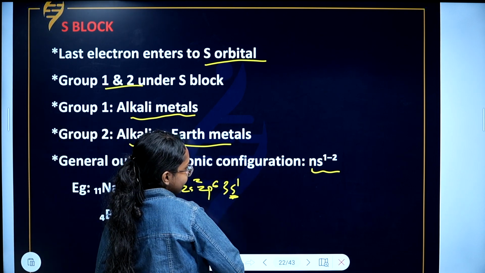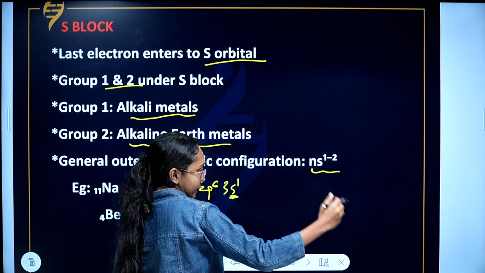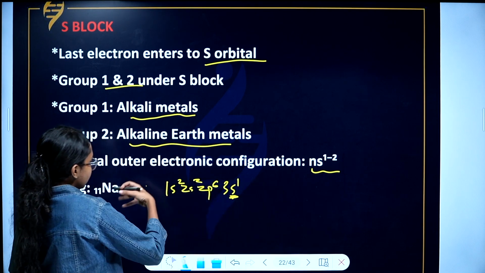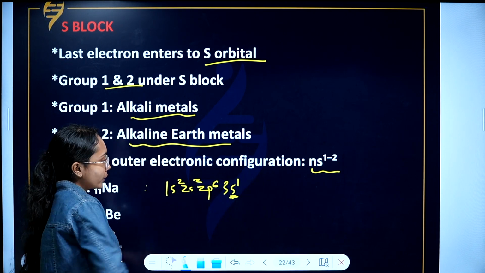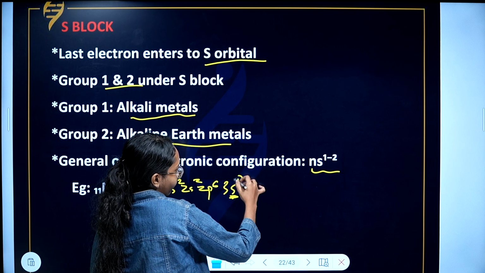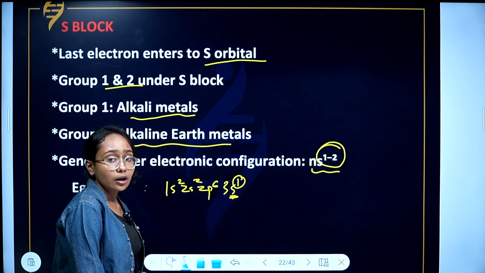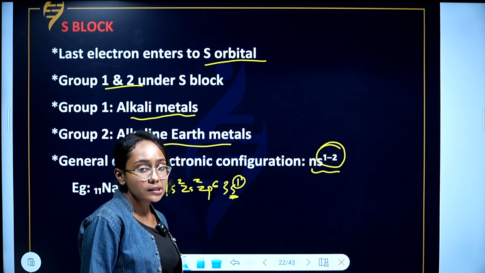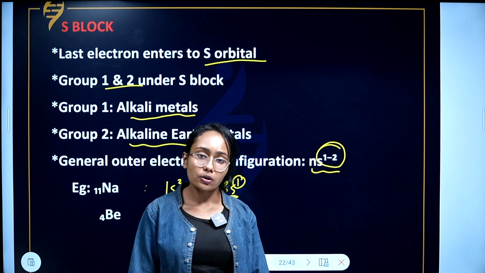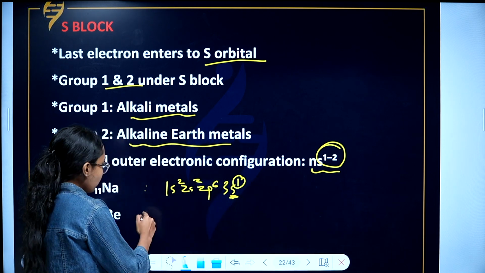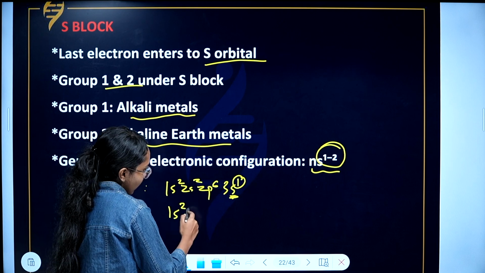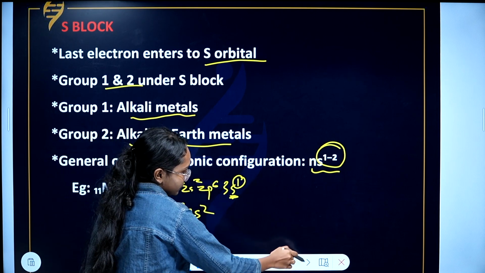See, here the outermost subshell is S, so it is a part of the S block, and the number of electrons is 1. Now coming to beryllium, it is simply 1s2, 2s2.